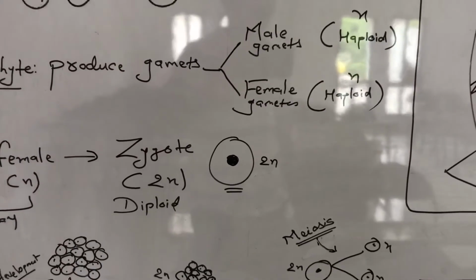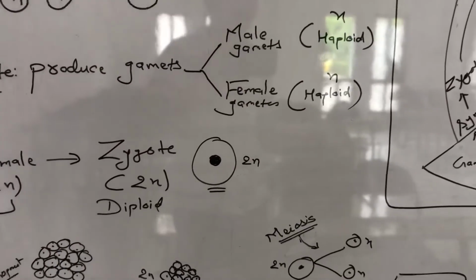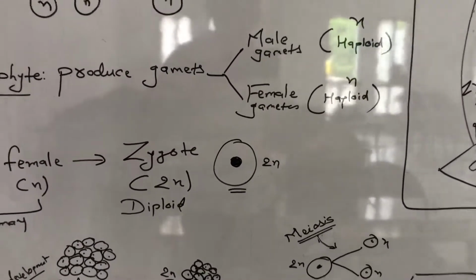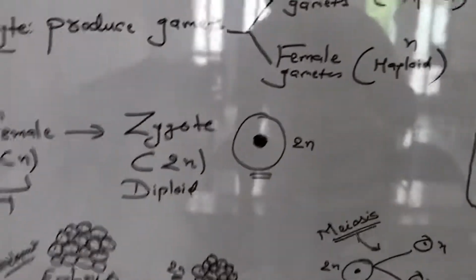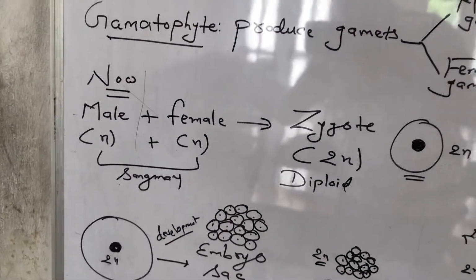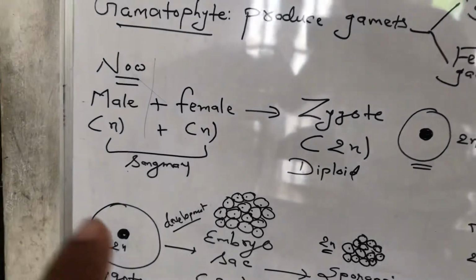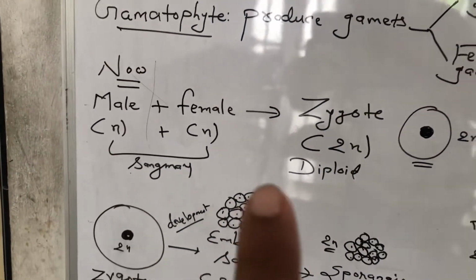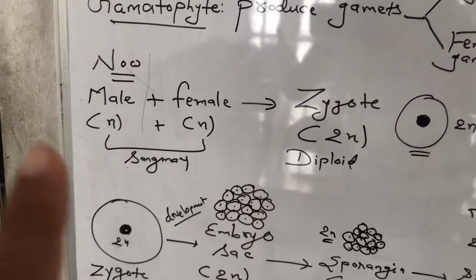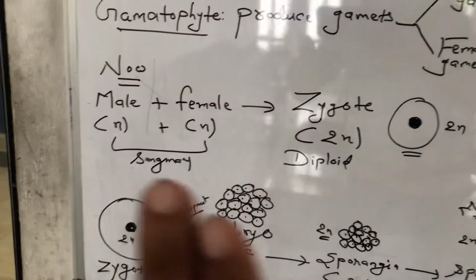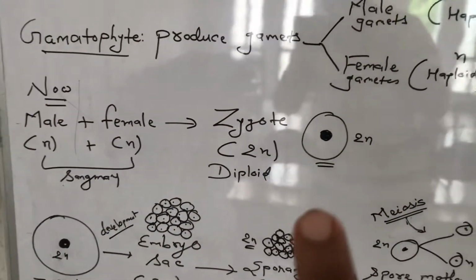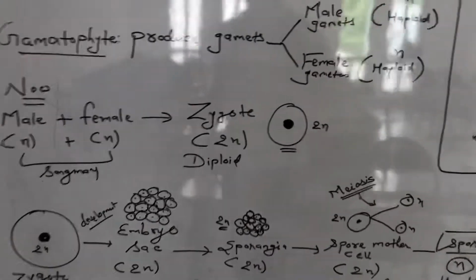That zygote is diploid in nature, that is 2N. How 2N? The male gamete is N, the female gamete is also haploid, both haploid combine together and form a diploid, that is 2N.